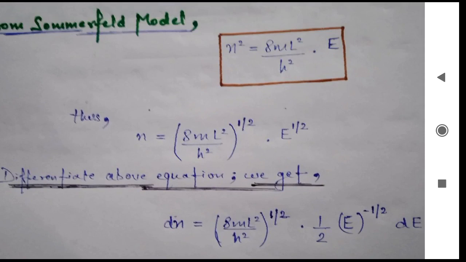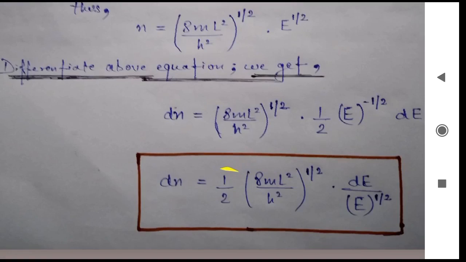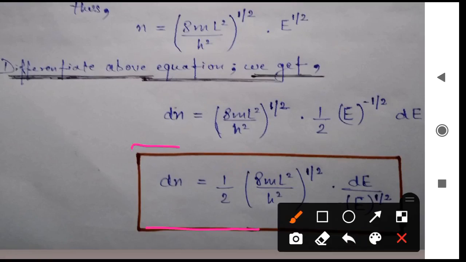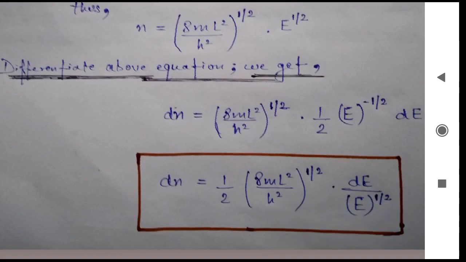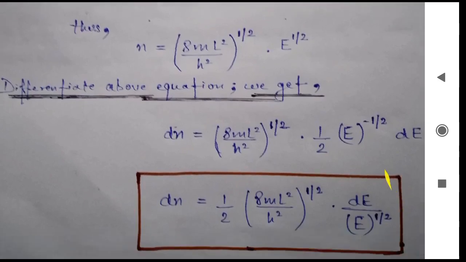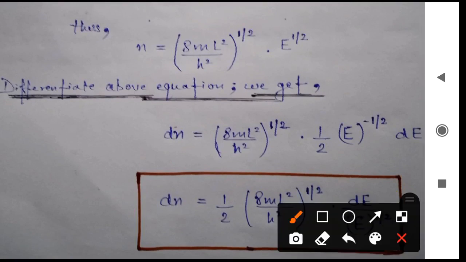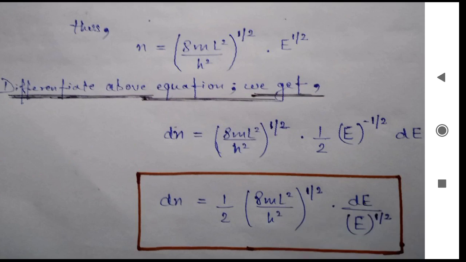By differentiating this equation, we get dn is equal to 1 by 2 (8 m L square by h square) to the power 1 by 2 into dE by E to the power 1 by 2. I just use the formula of d of x to the power n, which is equal to n x to the power n minus 1.